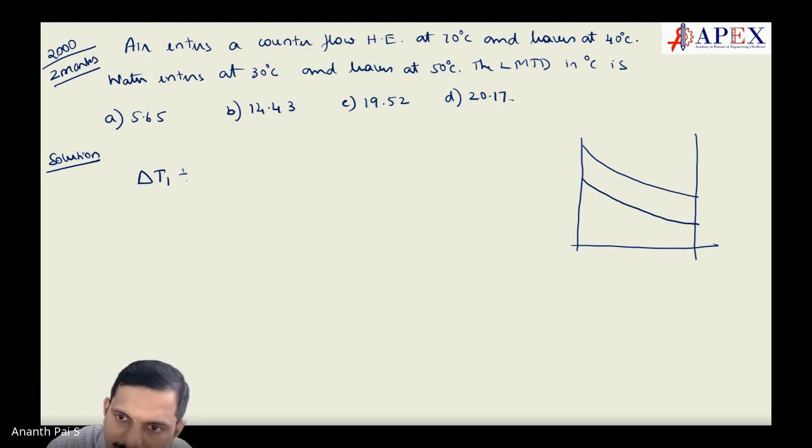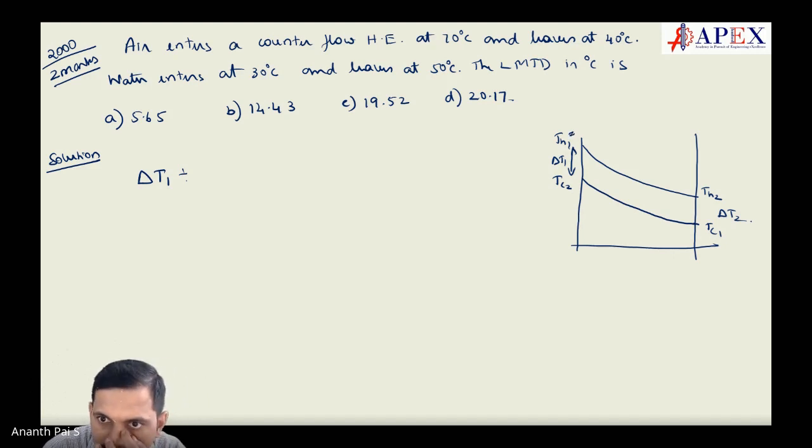So this is TH1, this is TH2, this is TC1, this is TC2. Delta T1 is this, and this is delta T2, right?